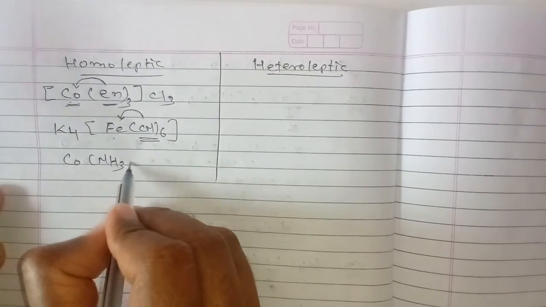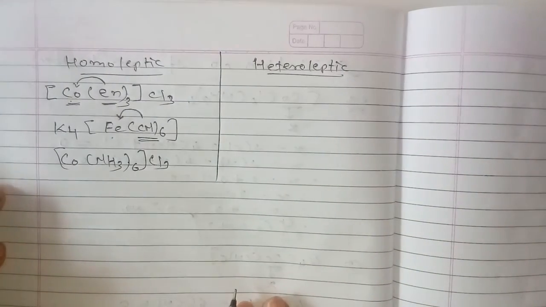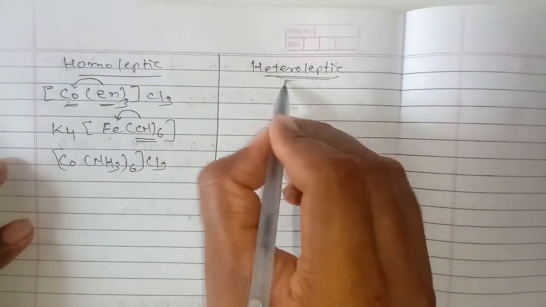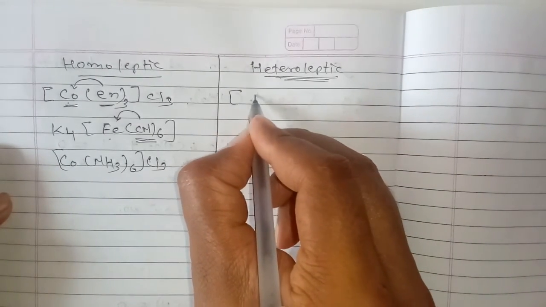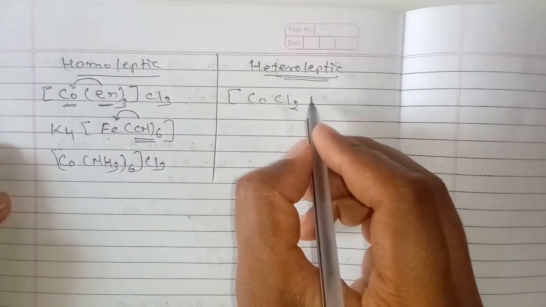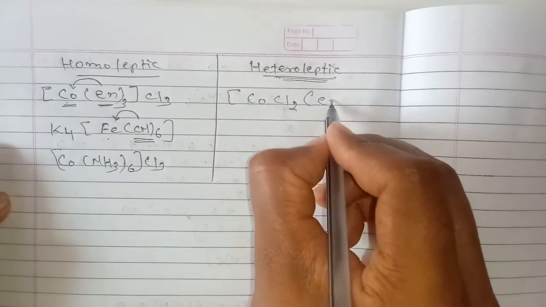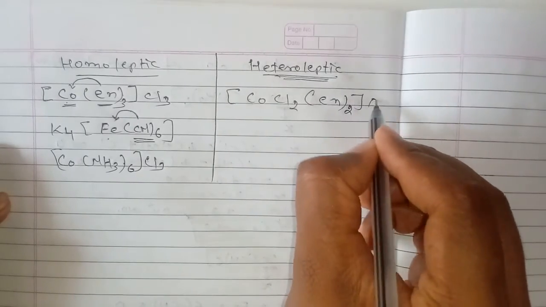[Co(NH3)6] that we have already discussed. In case of heteroleptic complexes, [CoCl2(en)2]Br.